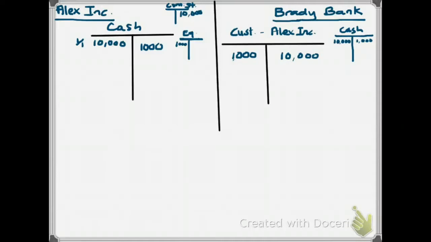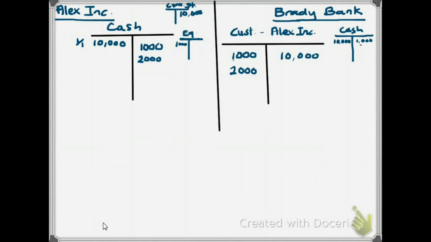So every time we do a debit or a credit to cash, there would always be a debit or credit to another account in Alex Inc. The next transaction, let's say that it occurred on the 10th of January. Alex Inc. paid $2,000 cash for rent. So Alex Inc. would have debited $2,000 to rent expense and credited cash $2,000.